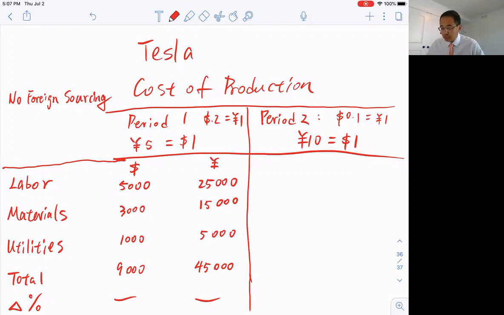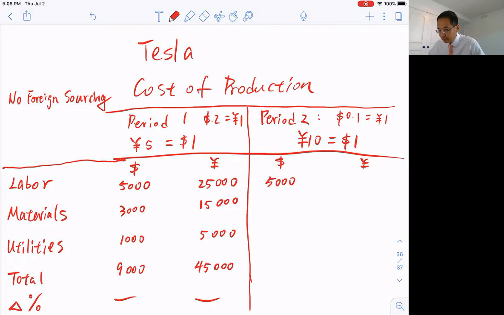Now, let's say the dollar appreciates by 100%. So we enter period 2. Everything's still made in America, but we sell Teslas in China. So let's look at how this impacts Tesla's market in China. Again, we look at the dollar value for their different costs and their yuan equivalents. So labor, well, the dollar appreciating doesn't change the labor measured in dollars.